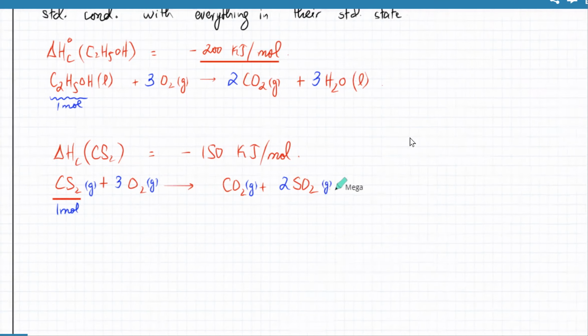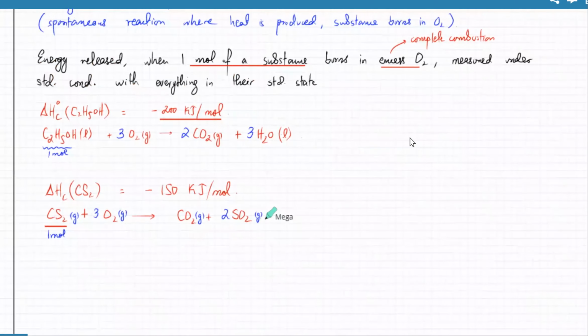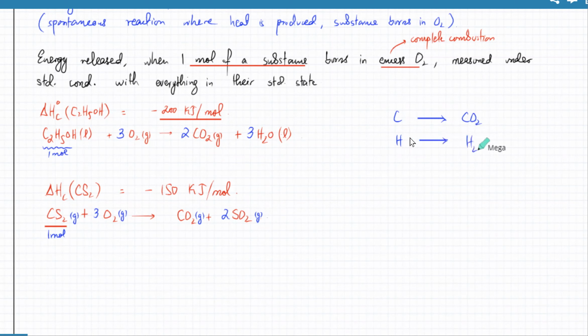One thing I'm going to tell you is that you should know which substance turns into what. For example, if a compound has carbon, it's going to turn into carbon dioxide. If the compound has hydrogen, then hydrogen burns in oxygen and produces H2O, that would produce water molecules.